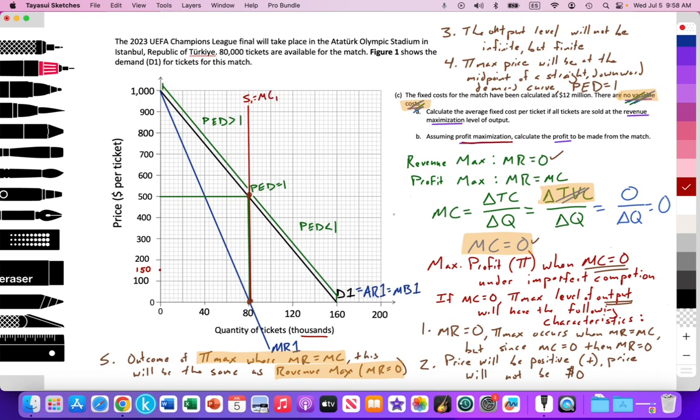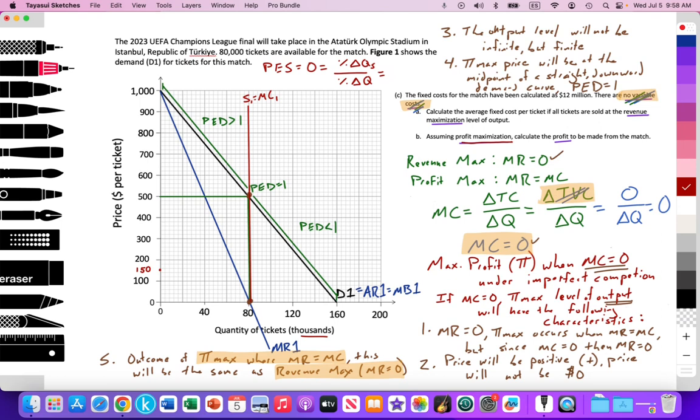And I note that the PES, since it's perfectly inelastic, the price elasticity of supply is going to be equal to 0. And that's a result of this formula. PES is equal to the change in the quantity supplied over the change in the price.